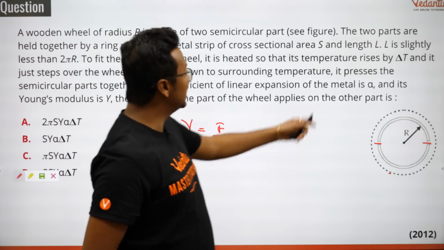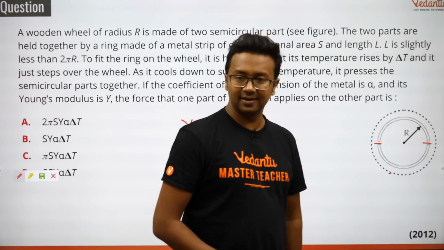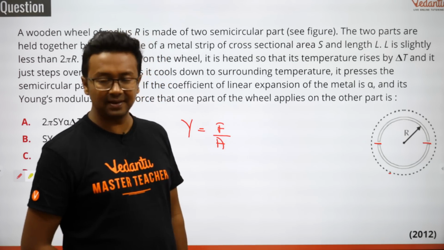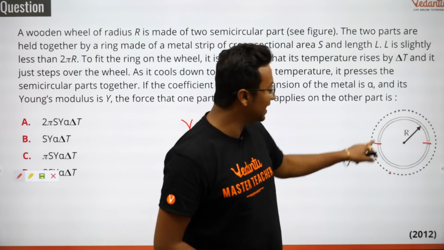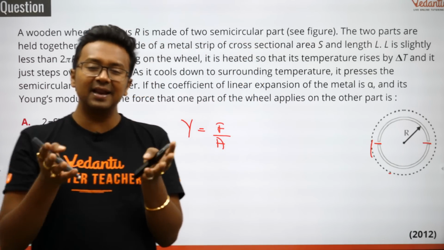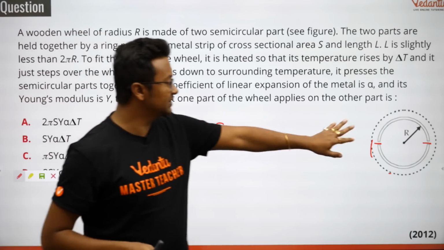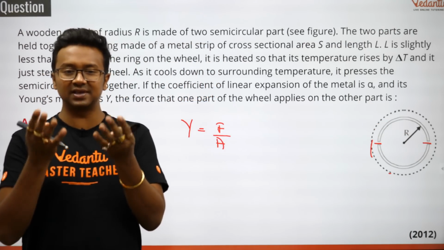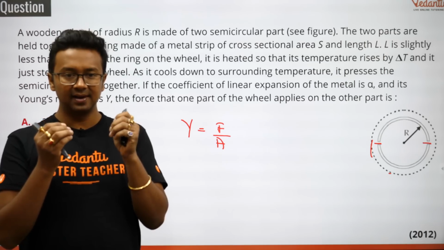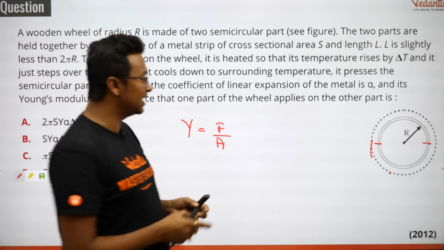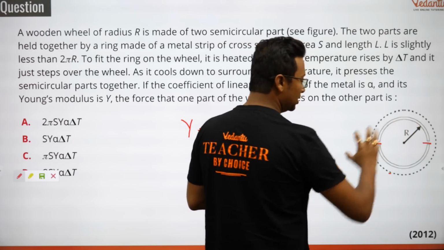Now, if we increase the temperature by delta T, what happens? This ring has a length a little bit lesser than the circumference. So I increase the temperature of the ring so that it expands and can well fit into this particular thing.